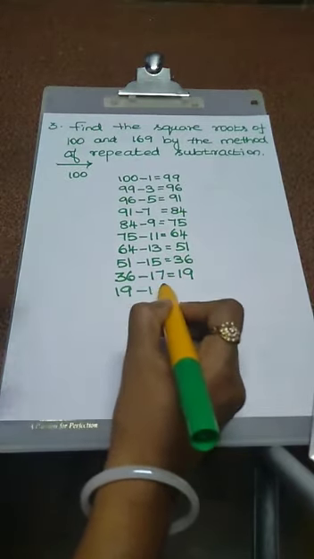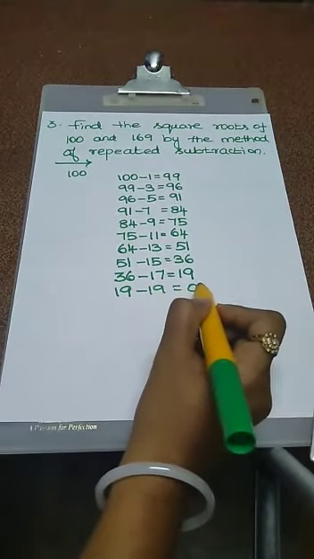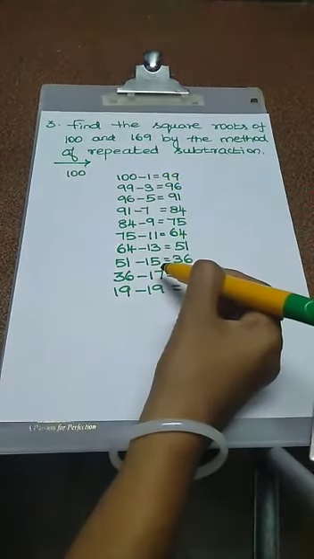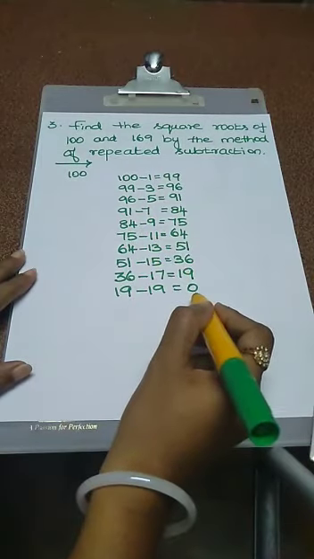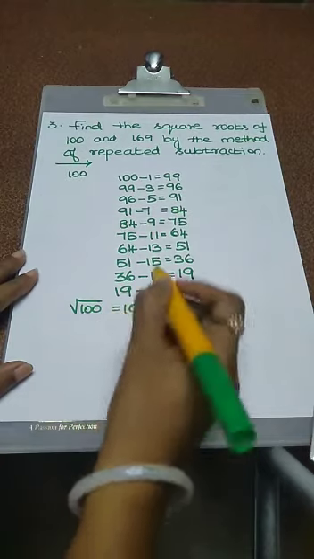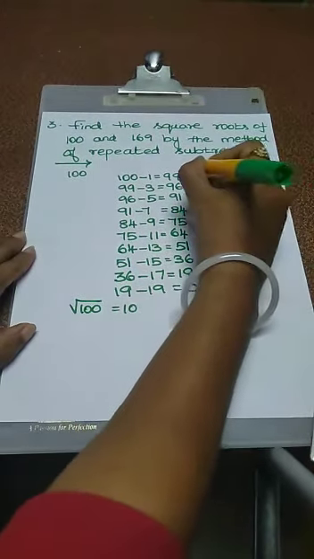The next odd number is also 19. Now we get 19 minus 19. The answer is 0. So since from 100 we subtracted successive odd numbers starting from 1 and obtained 0 at the 10th step, what is the value of the square root of 100? That is 10. The same method we are going to follow for 169.